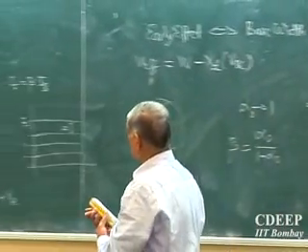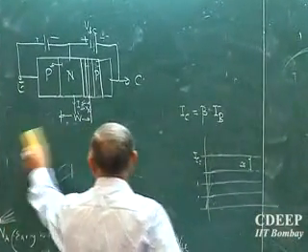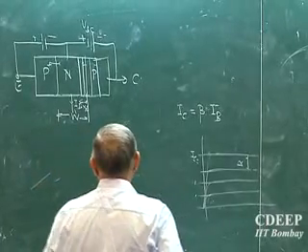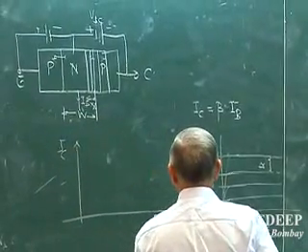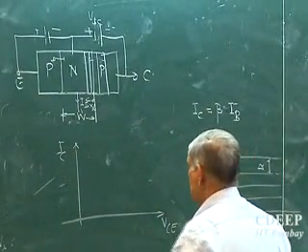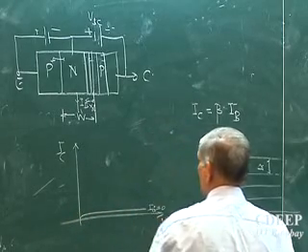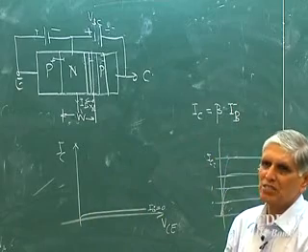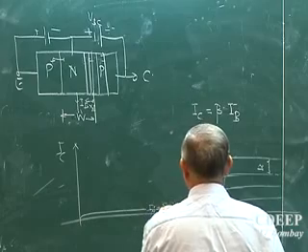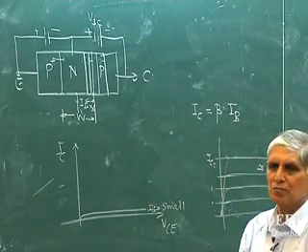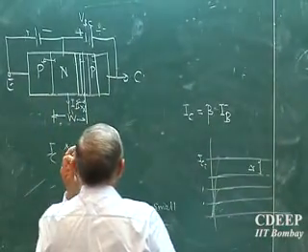The other effect which is relevant here, let me draw it again. Let us say, continuing with the same thesis, I have IB equal to 0, no base current, or maybe take a very small current for the heck of it, and I open the emitter.